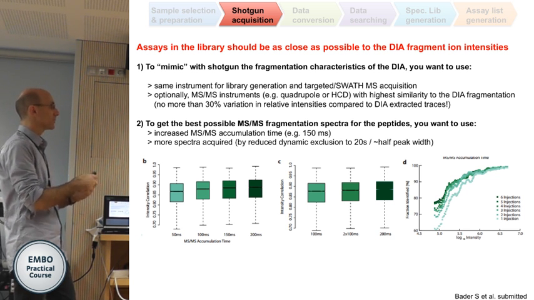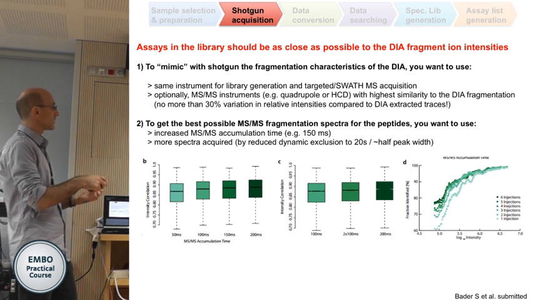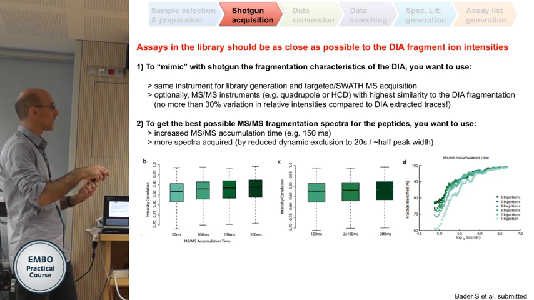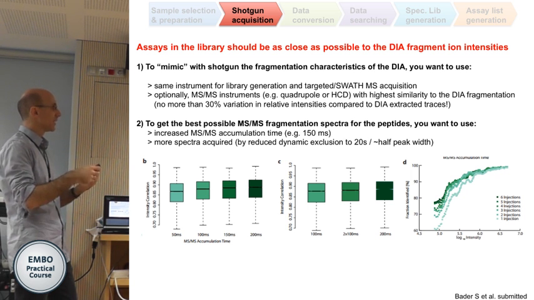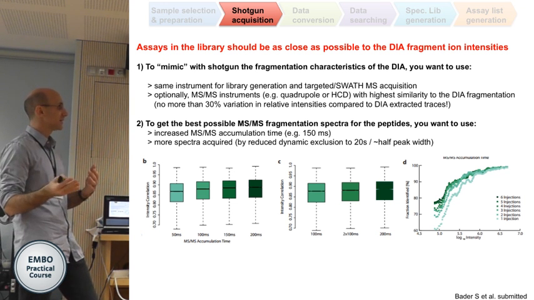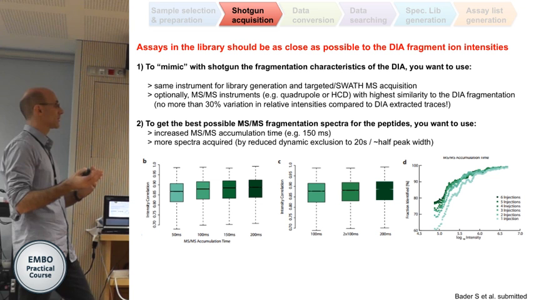So we recommend something like 150 milliseconds, because by increasing the accumulation time for MSMS spectra, you gain in confidence, you gain in reproducibility, and you gain in transferability of your assays to your targeted proteomics.